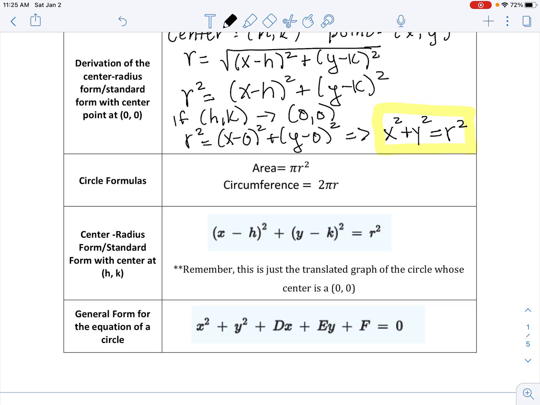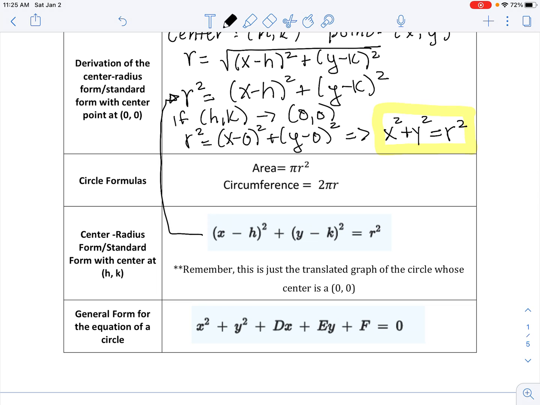If your circle is translated in the coordinate plane from the center at the origin to the center in one of the quadrants or on one of the axes, then your equation will become (x minus h) squared plus (y minus k) squared equals r squared, which is exactly what we got when we derived the formula.